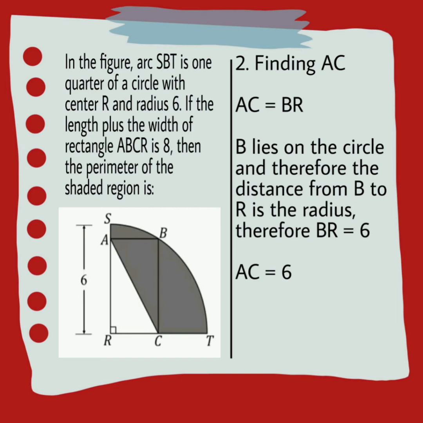There are ways you can prove that, but that's one you're also going to want to know. BR is the same as SR because it's still the radius of the circle. B is on the edge of the circle, therefore it's still 6 away from R. So BR is 6 and AC is also 6. We're 2/3 of the way there. We know that SBT is 3 pi and AC is 6. All we have left is SA and CT.